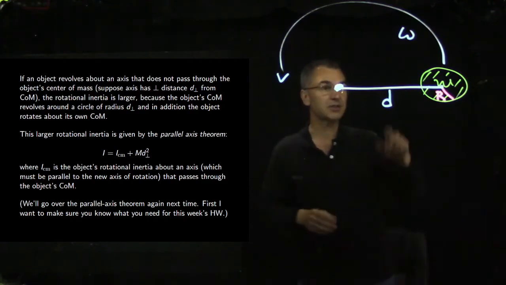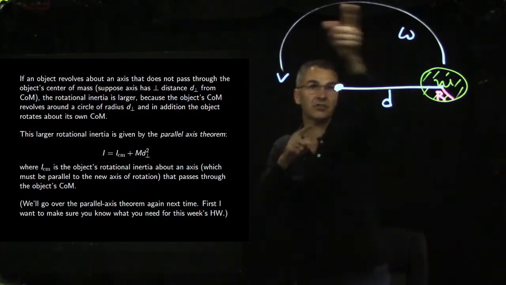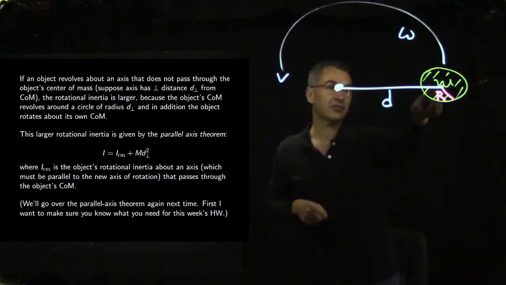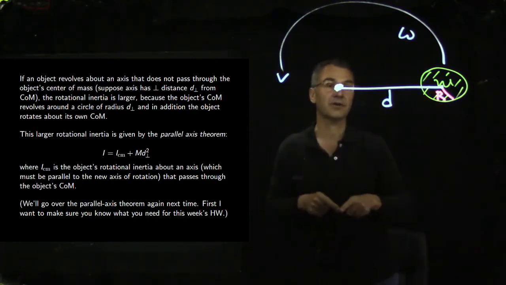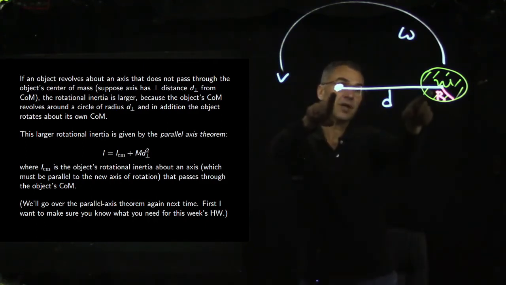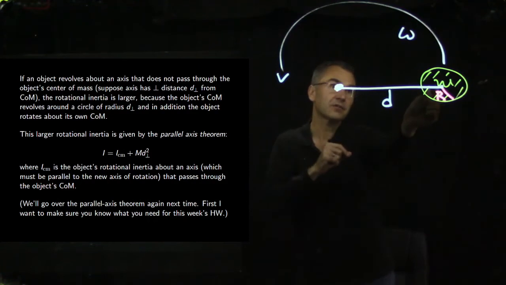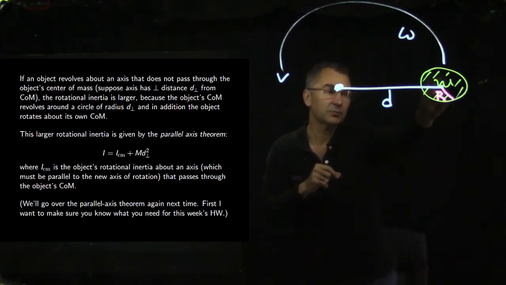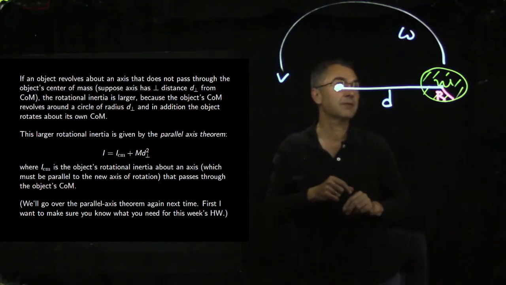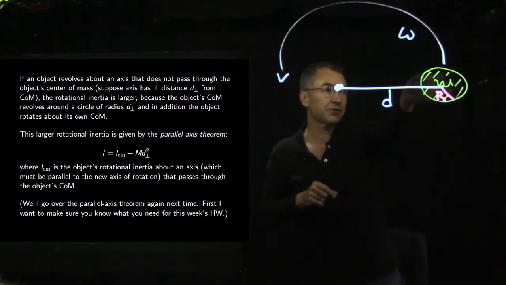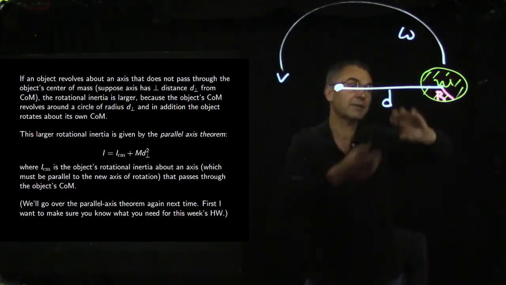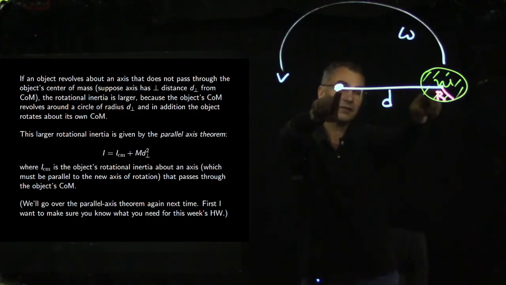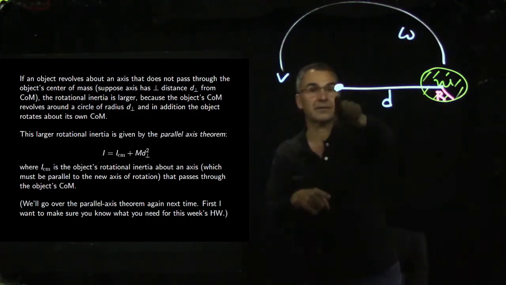So it would not be correct to say that its rotational inertia about this point is just m d squared, because m d squared would be like the rotational inertia of a tiny little point mass, concentrated at a distance much, much smaller than d, going about that circle. But instead, we want to treat both this object rotating about its own center of mass and the fact that the center of mass is going about this axis.